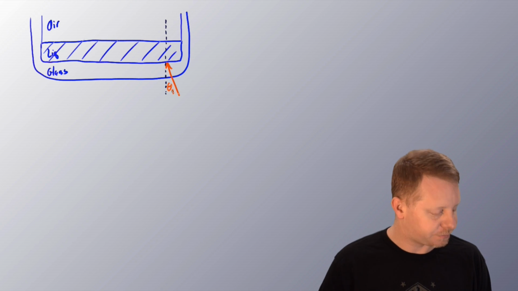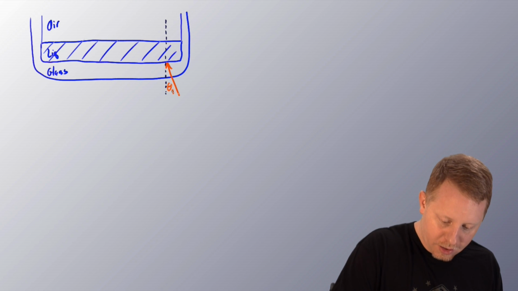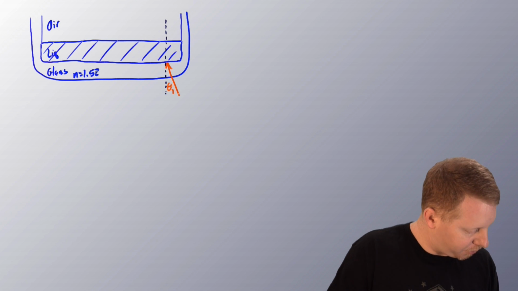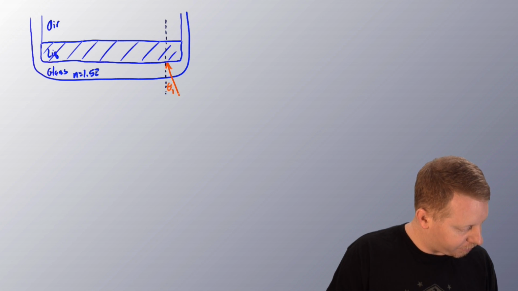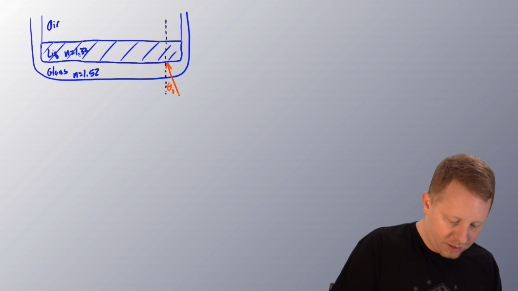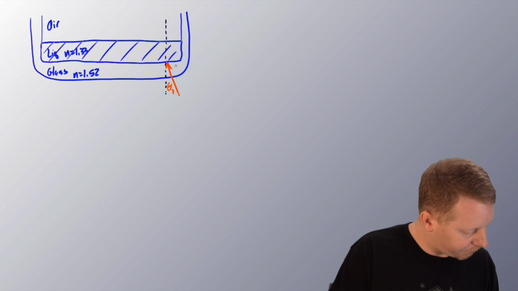So there's our setup. It says we've got a cross section of a drinking glass that has an index of refraction of 1.52. So n equals 1.52 there, filled with a thin layer of liquid with an index of refraction 1.33. So our incoming beam is going to go from a high index to a low index.